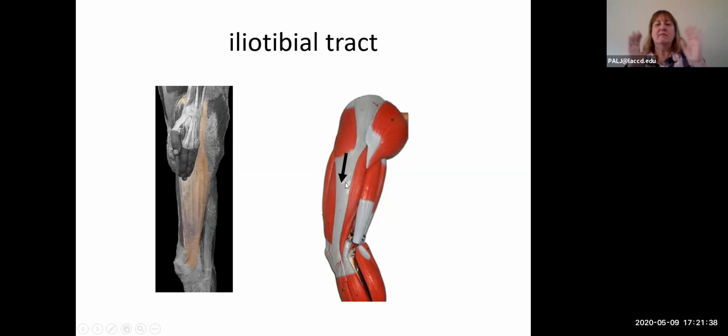All right, now, there's one other muscle that's inserting into the iliotibial tract, and it's not a buttock muscle, it is an anterior muscle, and that's this muscle right here that I'm circling, and that's where we're going to start.